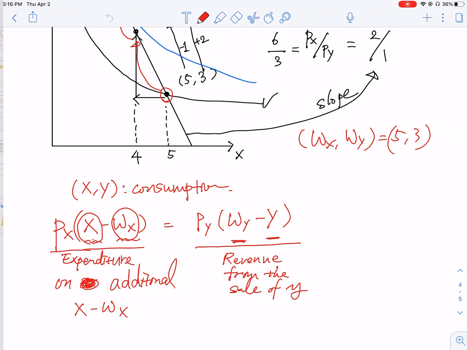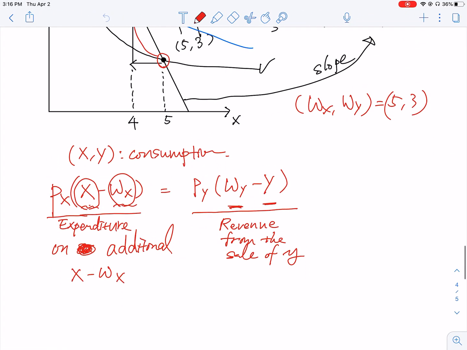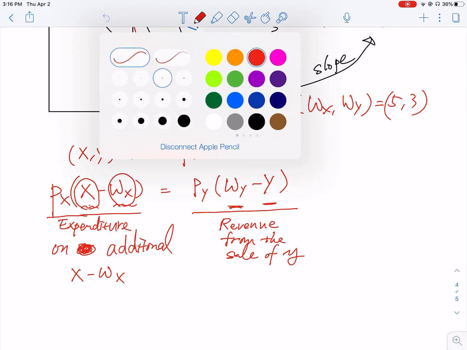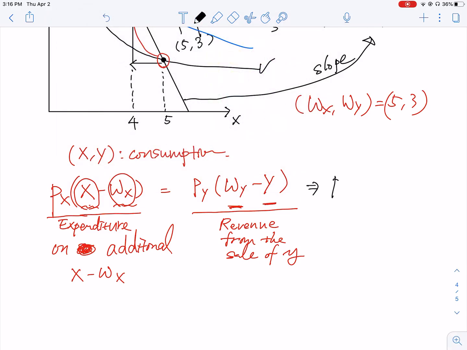So expenditure has to equal the revenue, because you're going to die at the end of this day, so why not spend all your money? If I rewrite it, this becomes px times x plus py times y equals px times wx plus py times wy.